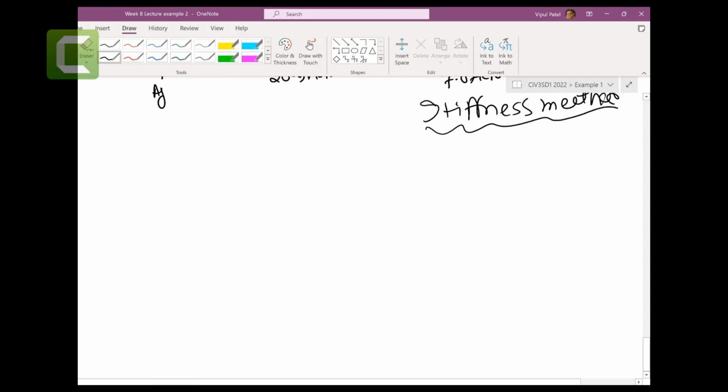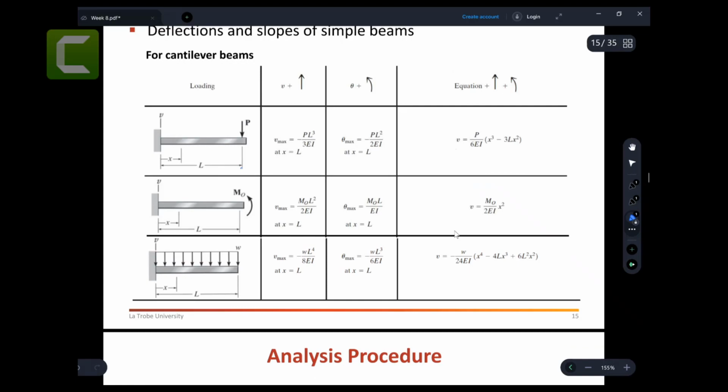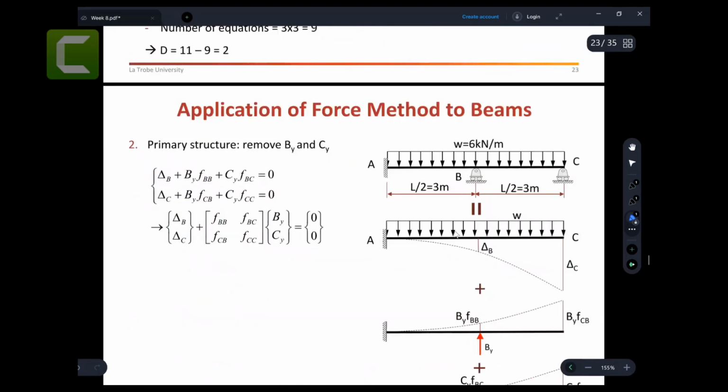Stiffness methods are used for these kinds of multi-story building frames, where the degree of indeterminacy is greater than 2. In week 11, we have the stiffness method, a very powerful method that we'll leave until the end. But slope deflection methods are also useful to get more insights. So let me go back to my lecture notes and walk you through that last example.